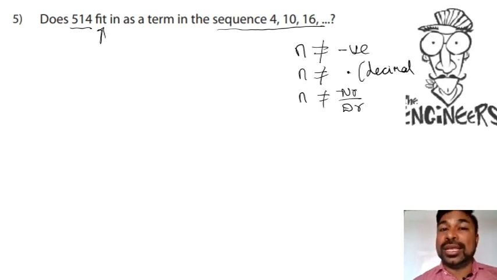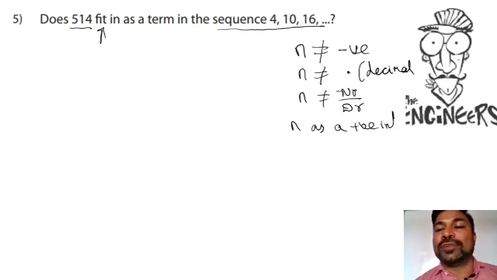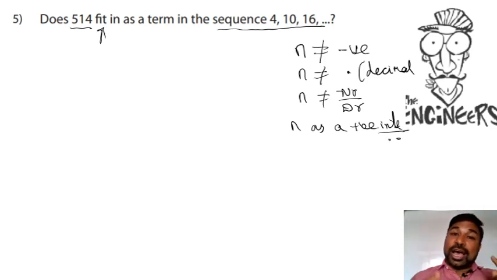We need n as a positive integer. We are waiting for this. Now, if for 514 we get n as a positive integer, we say yes, this fits and I'm the best engineer.